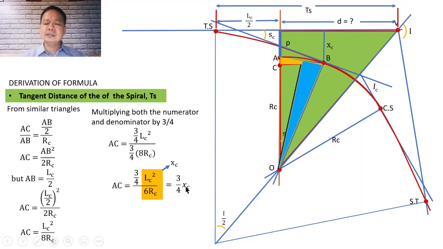But because AC is 3/4, therefore, yung ating P will be equal to 1/4 na lamang ng ating X sub C. Diba? 1/4 of X sub C.